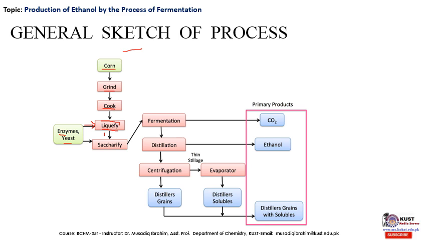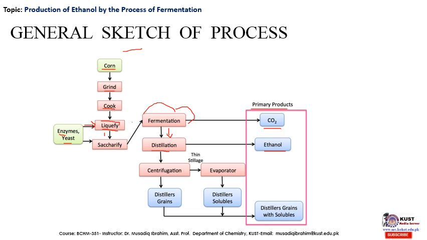Now after saccharification, the process of fermentation is started, and as a result of the complete run of the fermentation process, the primary product obtained is carbon dioxide, and after fermentation, by the refinery step, which is distillation, we get the ethanol as the final product.